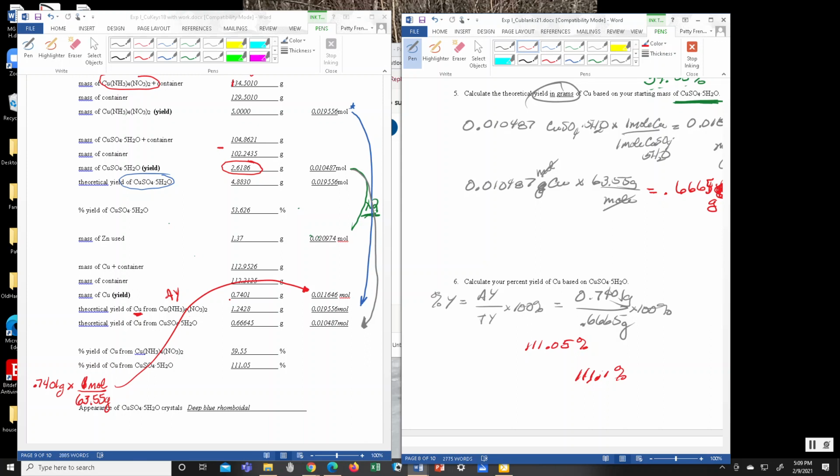If you ever wrote down because my calculations were wrong, I might even take off more points than it was worth to begin with. I want you to think about what in the procedure or what in your actual lab experiment itself or what in the chemistry could cause something to turn out not quite the way you thought it should. Okay? So anyway, give it some thought on this.